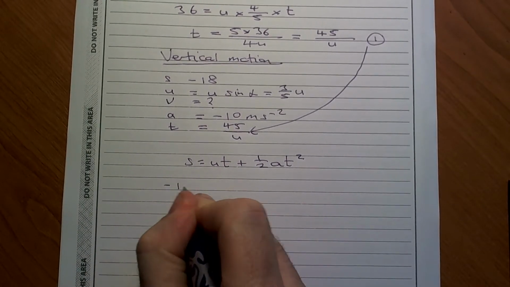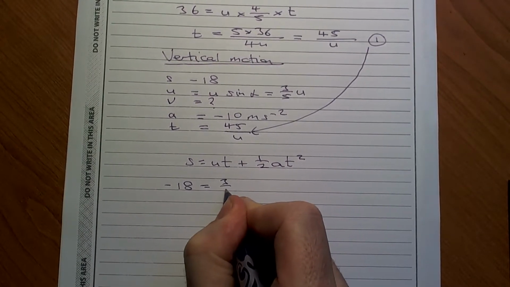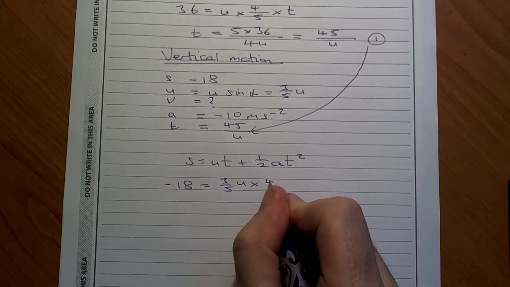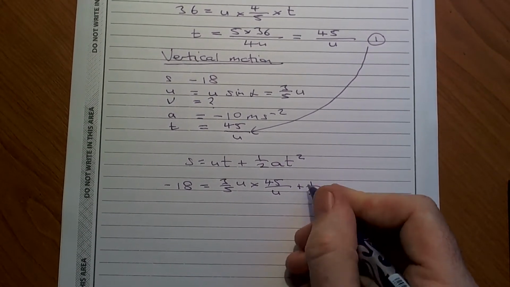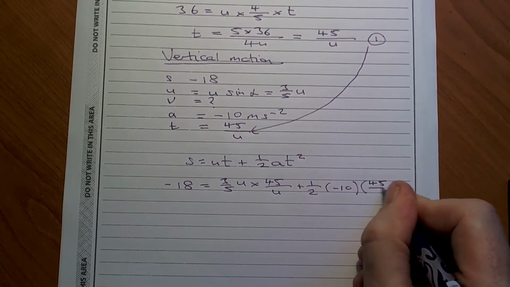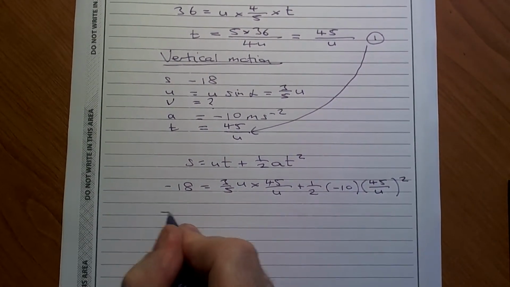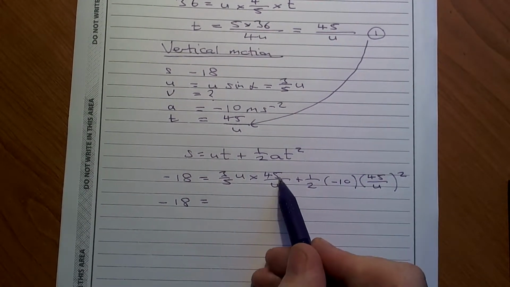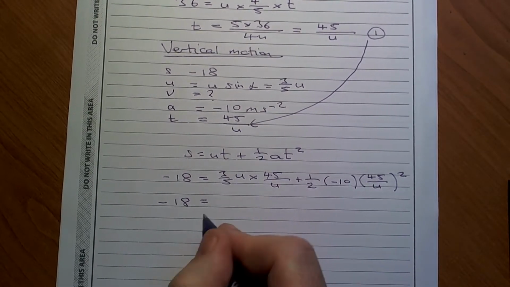So our S, we get minus 18 equals 3/5 u times our t. Our t is 45 over u, plus a half times minus 10 times t, which is 45 over u, squared. So tidying this up, minus 18 equals, well, what's that going to be? 45 divided by 5 is 9. 9 threes are 27, and the u's cancel out.